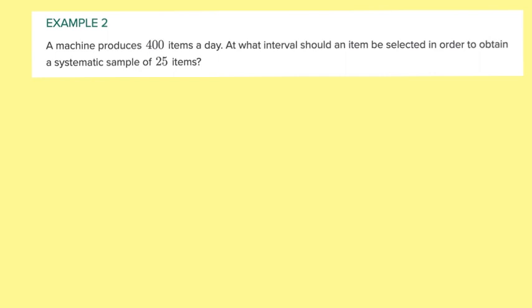Example 2. A machine produces 400 items a day. At what interval should an item be selected in order to obtain a systematic sample of 25 items?